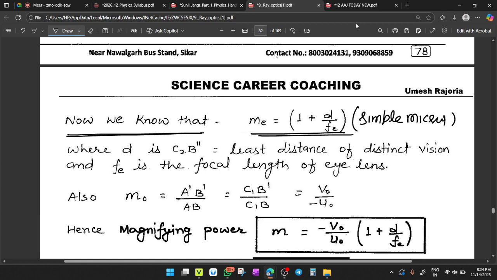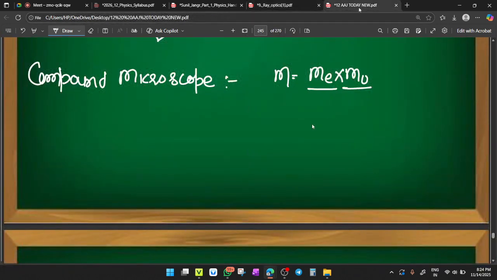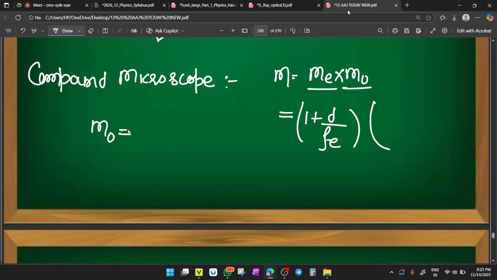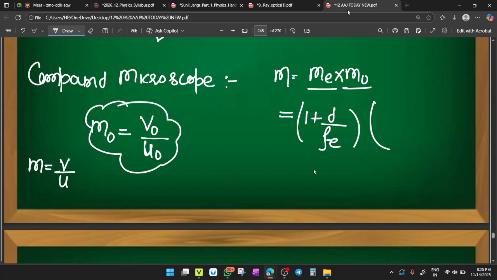Now MO, now place the value of MO here. So M is equal to what? We have derived M is equal to 1 plus small d upon FE. Now MO means magnification of the objective lens, and this should be VO. For a lens, M equals V upon U, so this is equal to VO by UO. Yes or no? So place it here: VO upon UO.